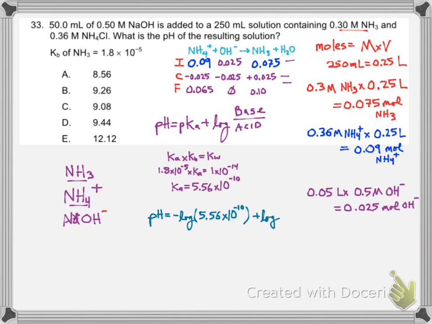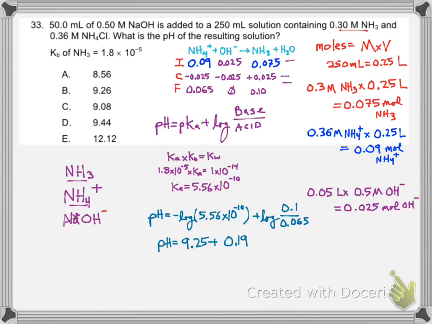Remember, p means the negative log, so pH is equal to the negative log of the Ka plus the log of the base, and I'm just going to plug in the moles of base that we have here, 0.1 over the acid, 0.065. Remember, it's perfectly fine to plug moles into Henderson-Hasselbalch.